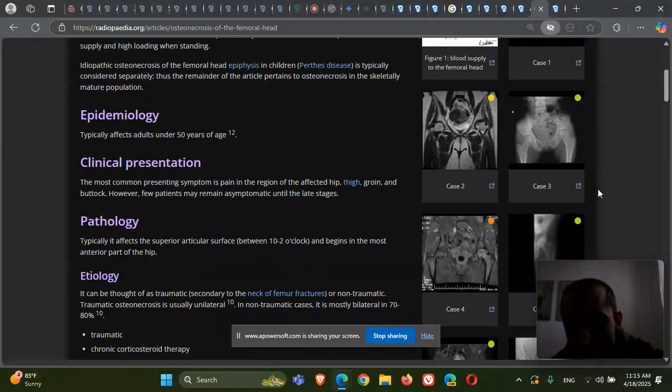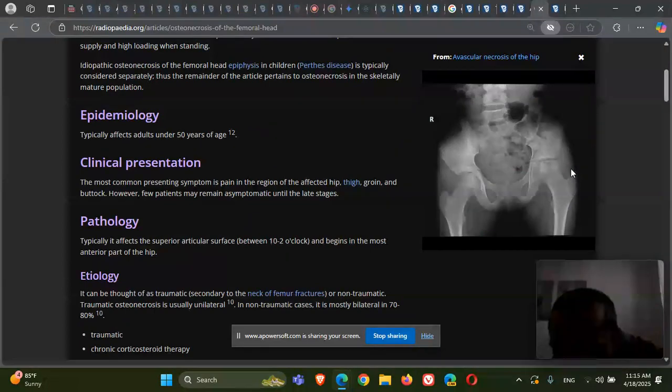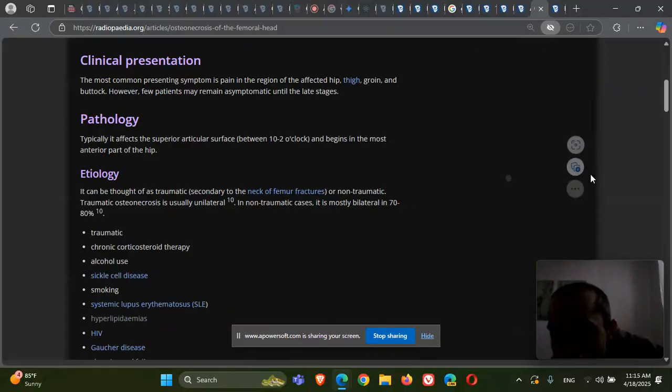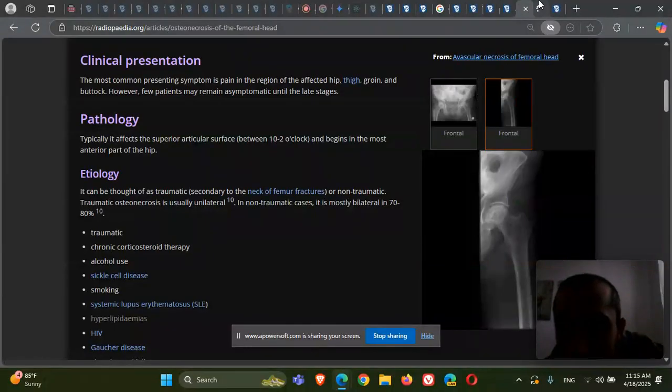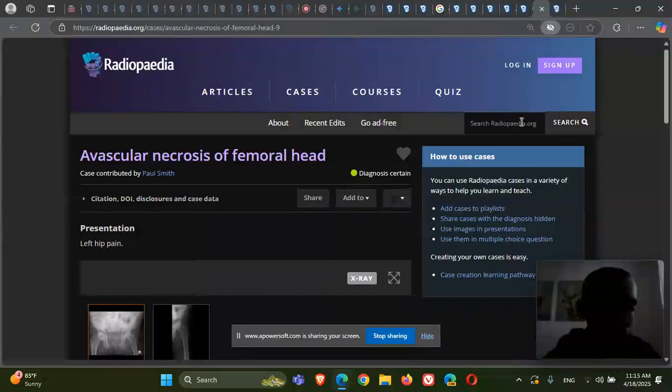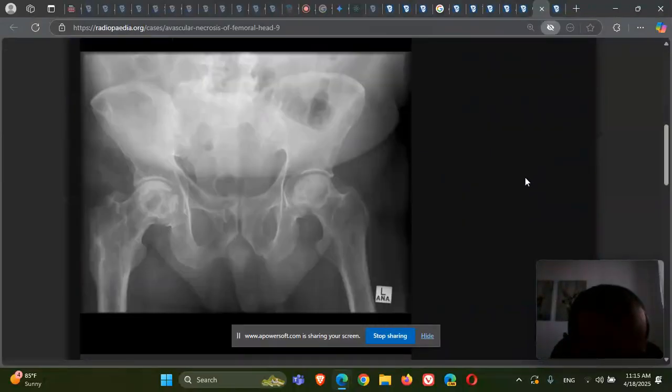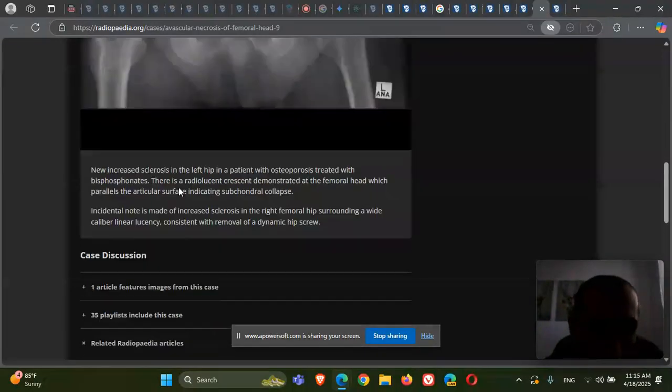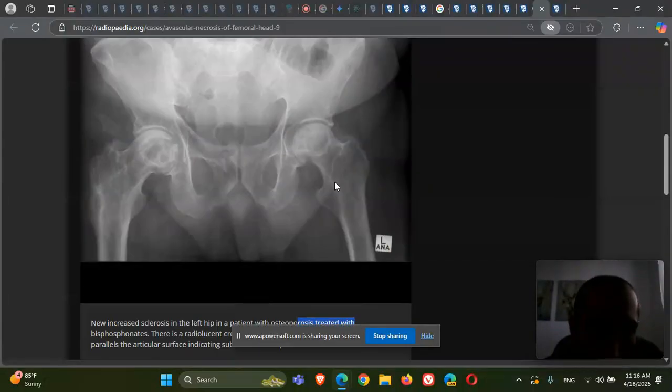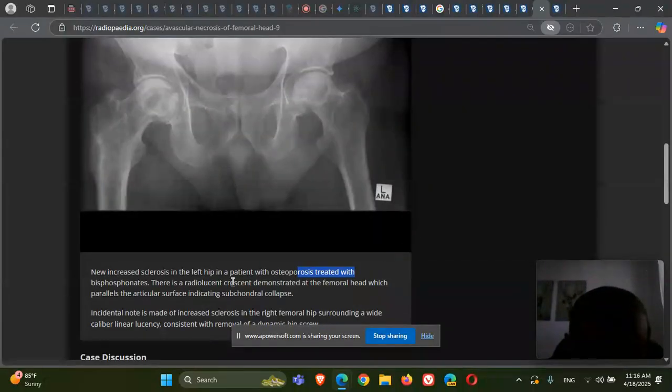Okay, so in avascular necrosis, it's not very easy to see this on radiographs. Very subtle findings. You can see right over here, in the left hip, how subtle it is.